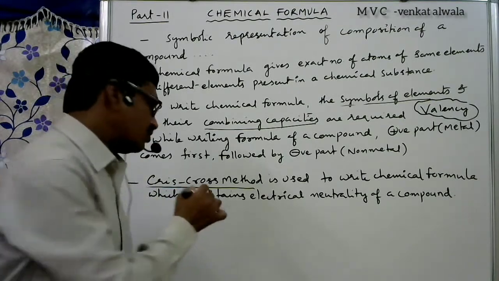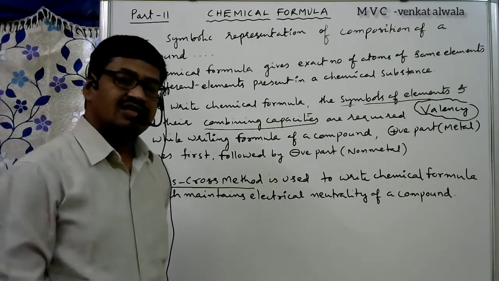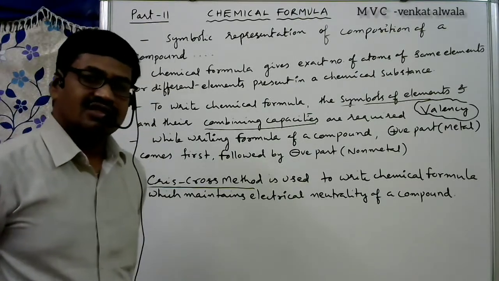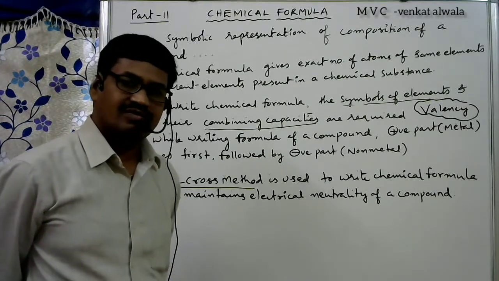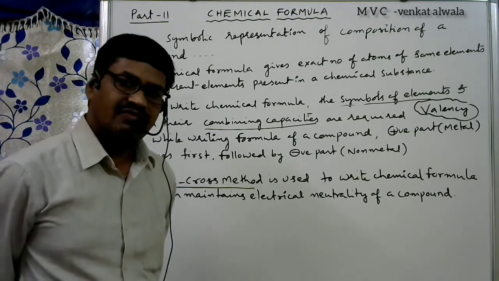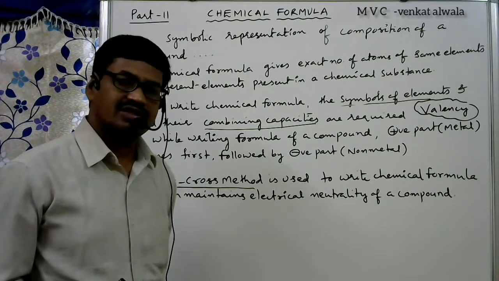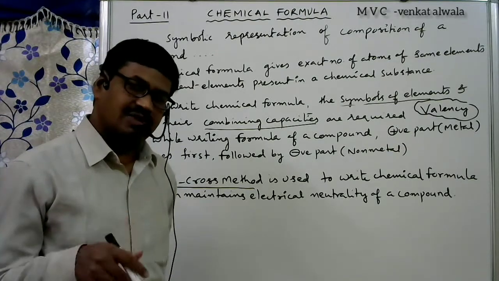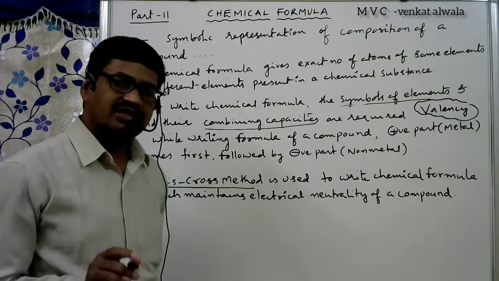And why are we using this crisscross method? Actually to maintain electrical neutrality, to balance charges, because charged species are unstable. Any compound or species you take, if it carries a charge, whether positive or negative, it is a very unstable chemical species. All charged species are unstable.